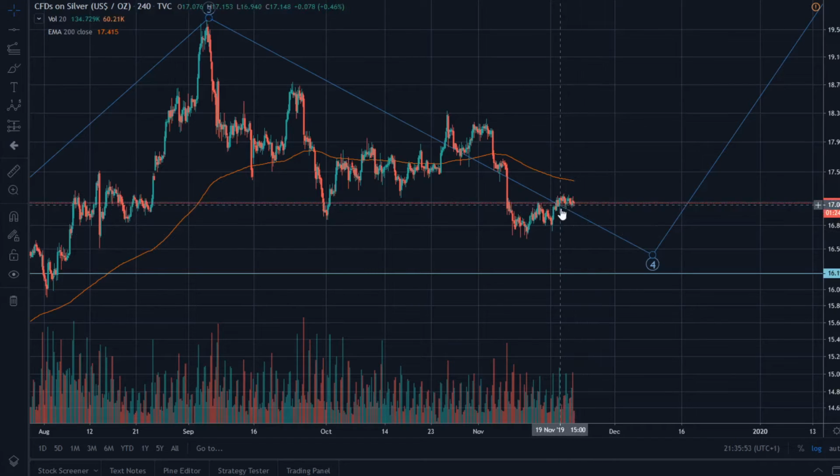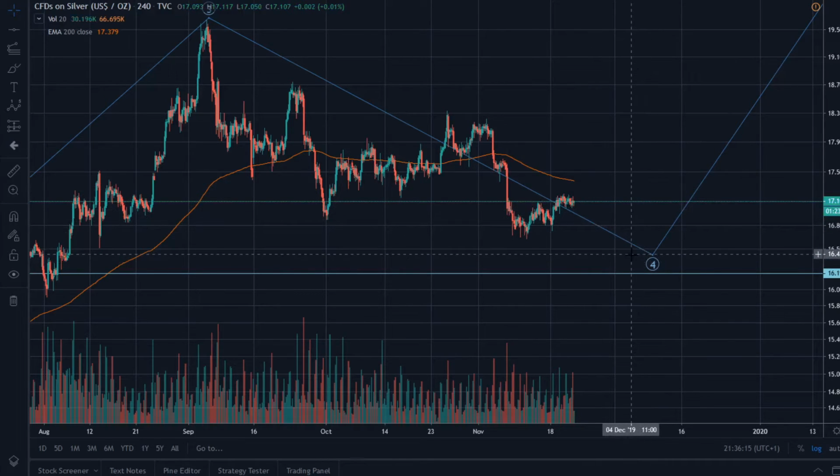For now, ultra short term, I think within the next few days, silver can, and gold as well, generate one new high. Gold could go maybe up to 1490, and silver could stop at 1730 or something. Following this, we will probably see another move down, probably in this area, and then the move up again.